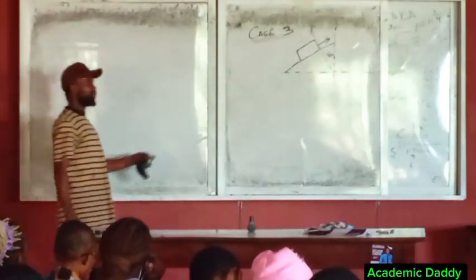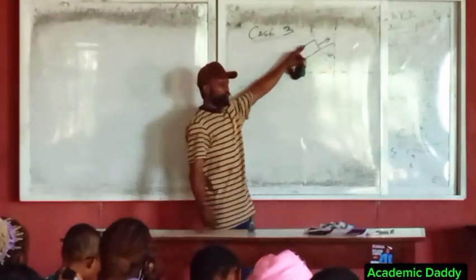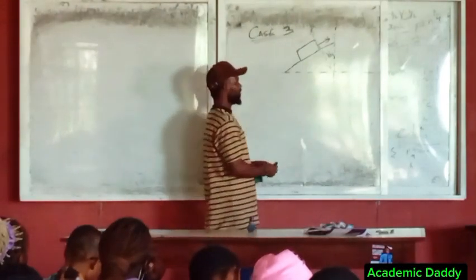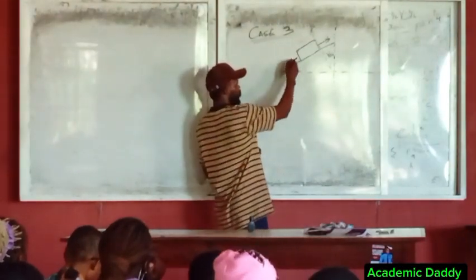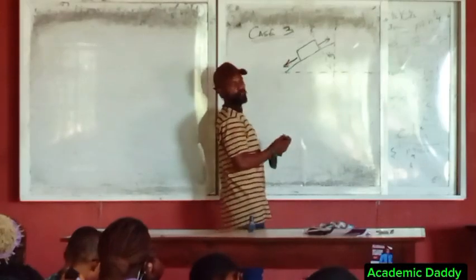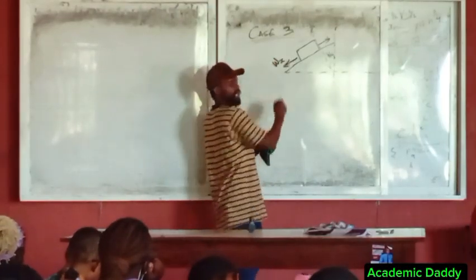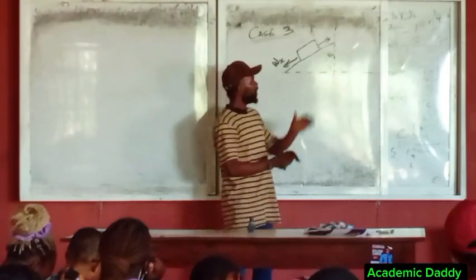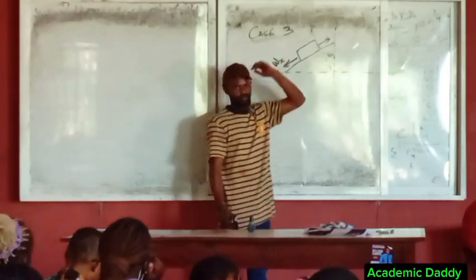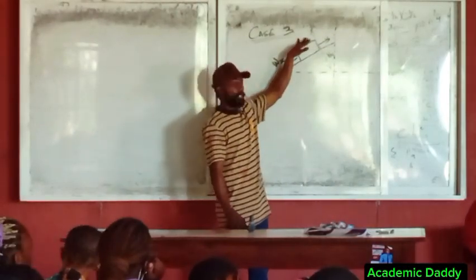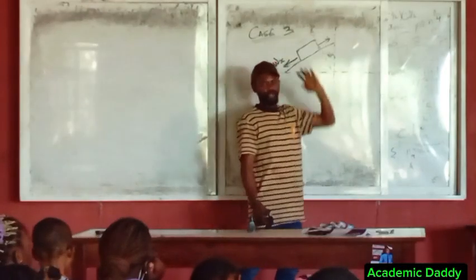As this object is moving upwards, we know that naturally there is a force that wants it to always come down, which we call W. But the object now on this road is sliding upwards.